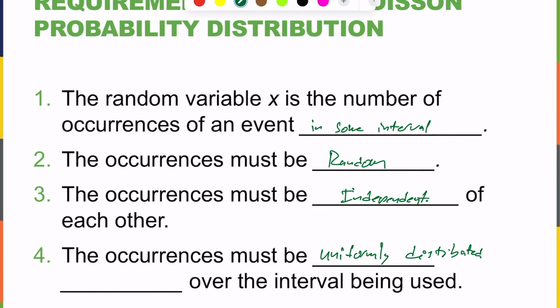So it wouldn't necessarily be a good thing to use this for the number of customers throughout the day, because customers do not come in at a rate that's constant throughout the day, or even roughly constant. There are much fewer customers just after opening and just before closing in a lot of businesses.